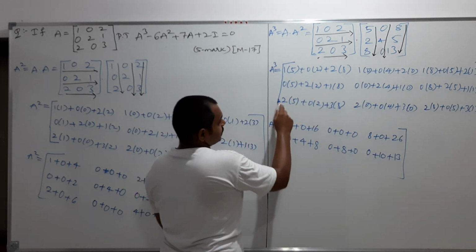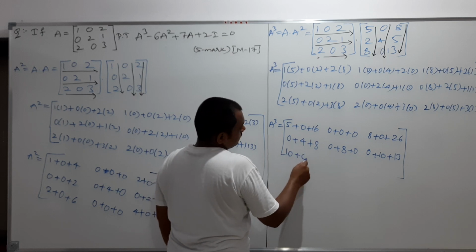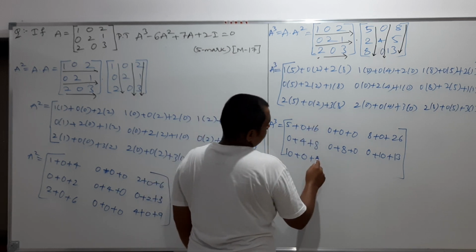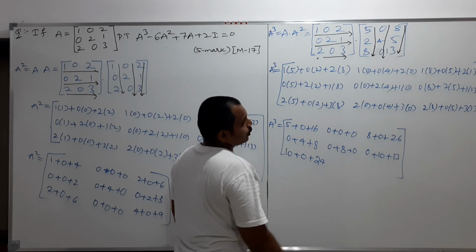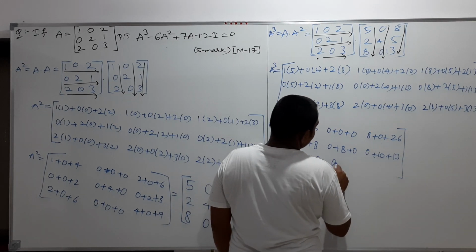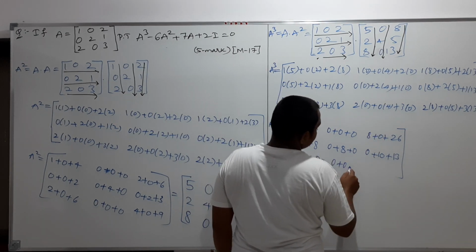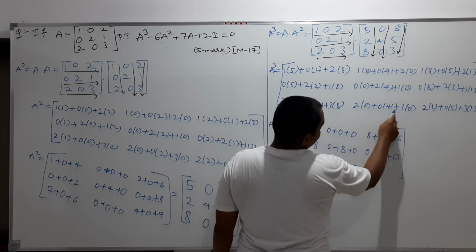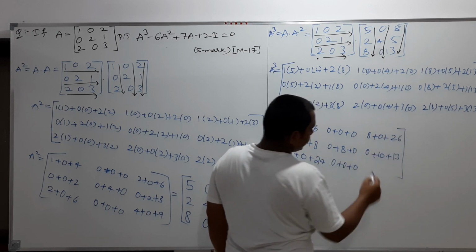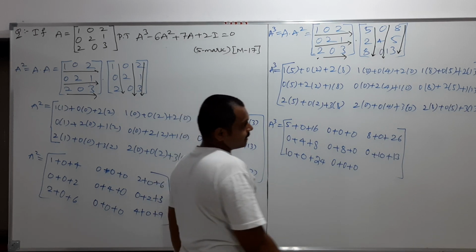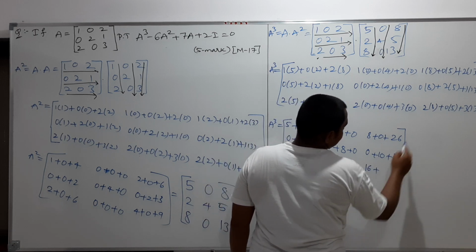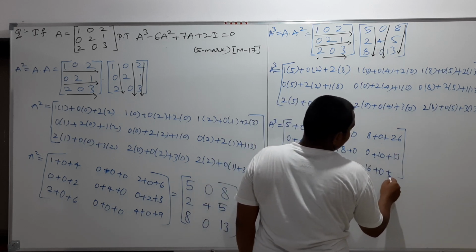Clear? Next, 5 2s are 10 plus 0 into 2 is 0, 8 3s are 24. Next, 2 into 0 is 0 plus 0 into 4 is 0 plus 3 into 0 is 0.